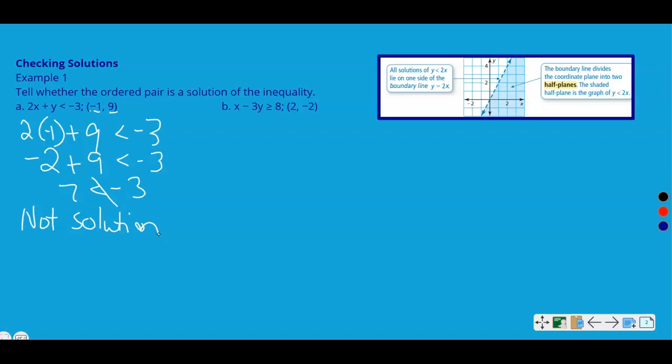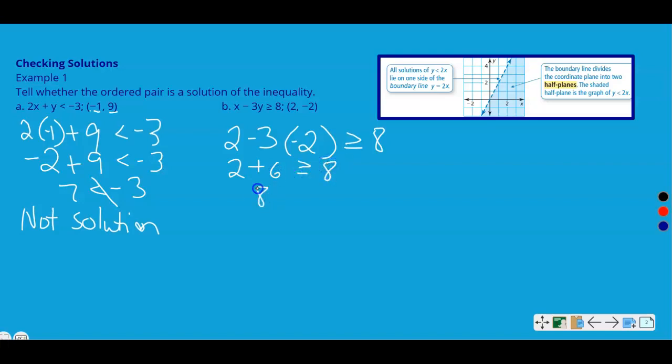All right, let's check the B part. B part has x - 3y ≥ 8, and it gives us an ordered pair of (2, -2). So that's our x and y value. X is 2, y is -2. So plug that in. We want to know if that's greater than or equal to 8. We have to multiply first. So 2, we've got -3 times -2 is going to be plus 6.